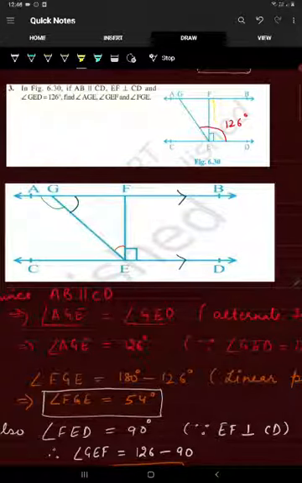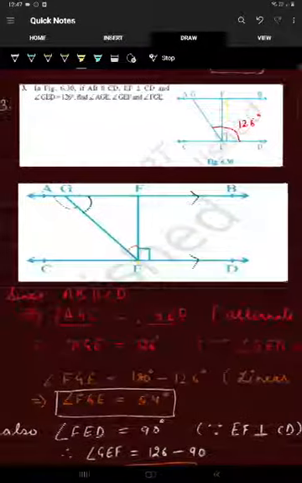This line EF is perpendicular to CD and angle GED is 126 degrees. This is given to us and I have labeled it in the diagram. We need to find angle AGE, angle GEF and angle FGE.